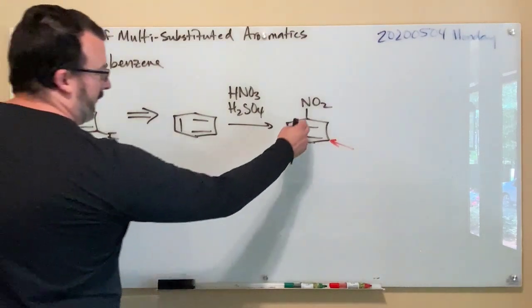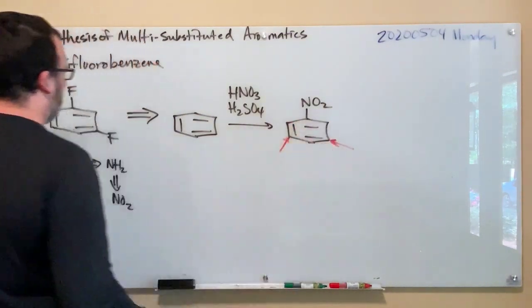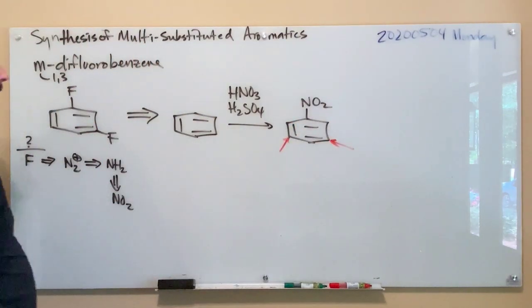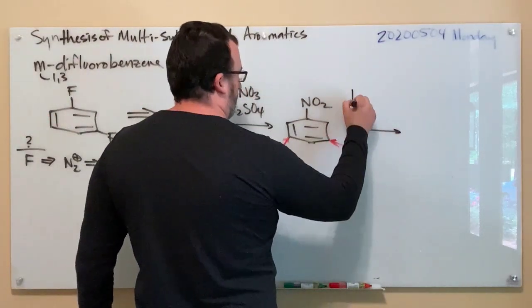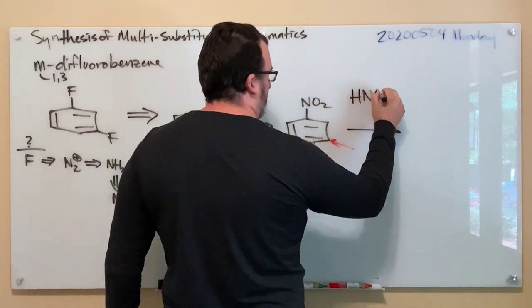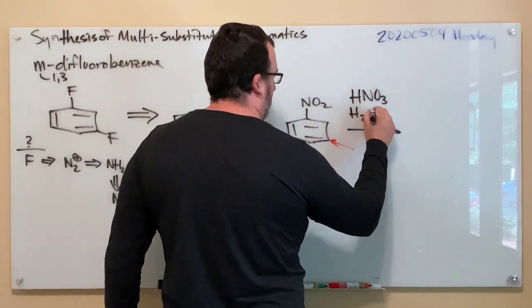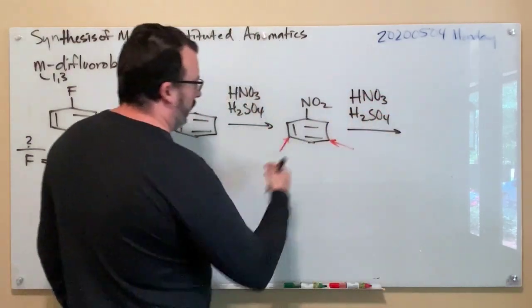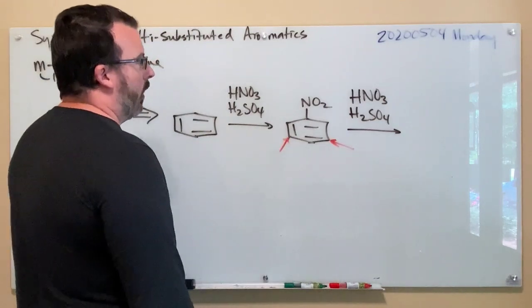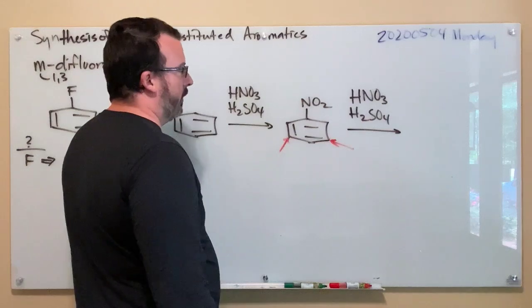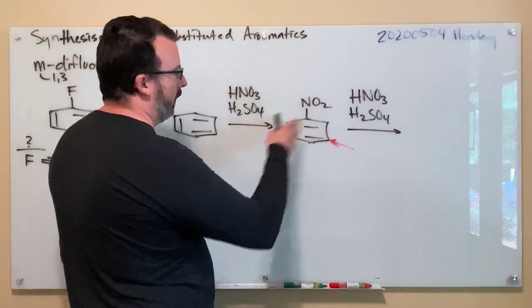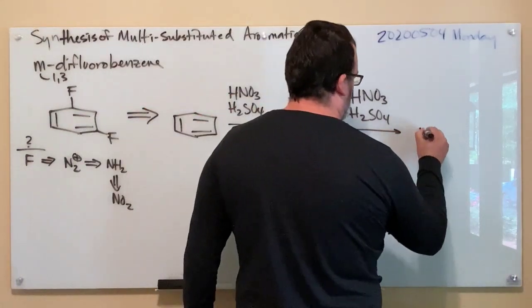So notice this is exactly what we want, 1,3, which we need to achieve to get the desired relationship. So we're going to do a second nitration. Again, you could actually almost do this in one pot if you control the equivalence of nitric acid that you use, but we're going to show it stepwise.